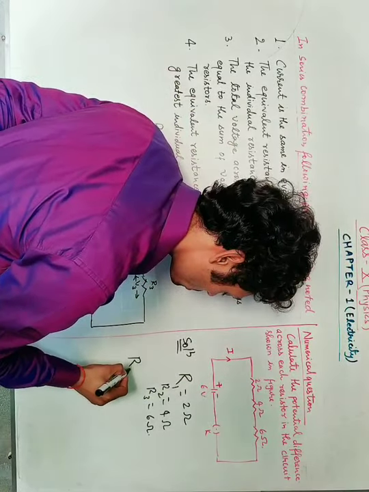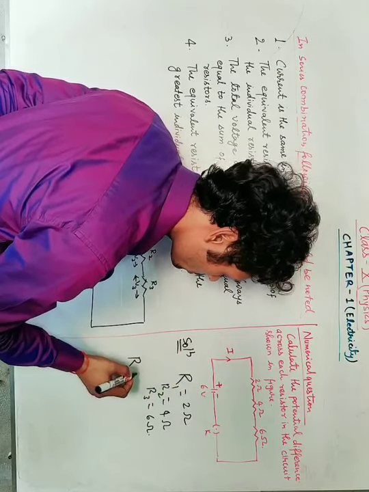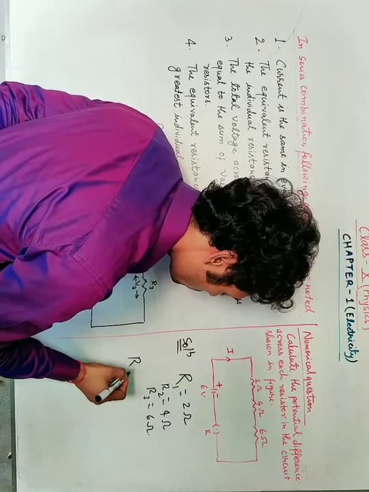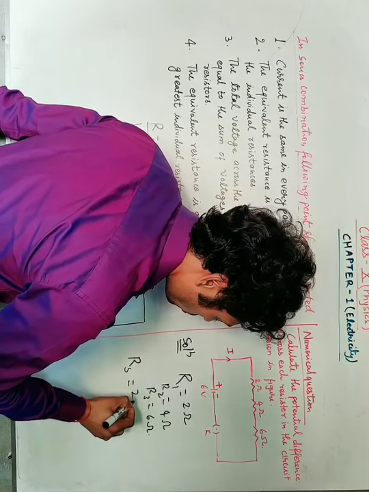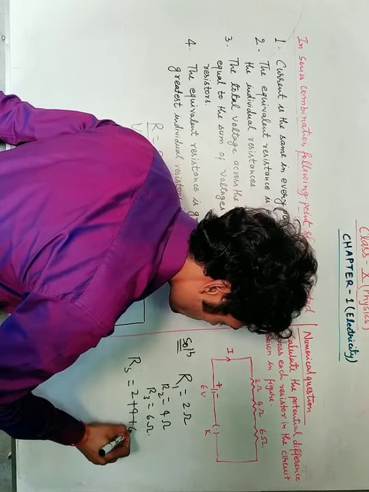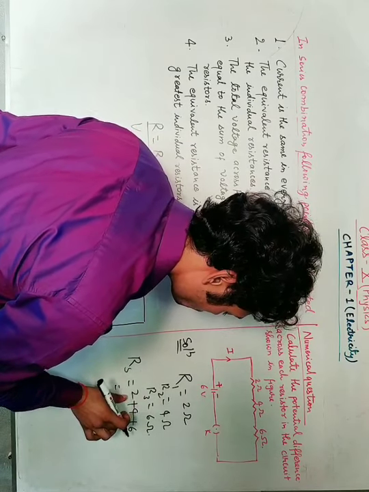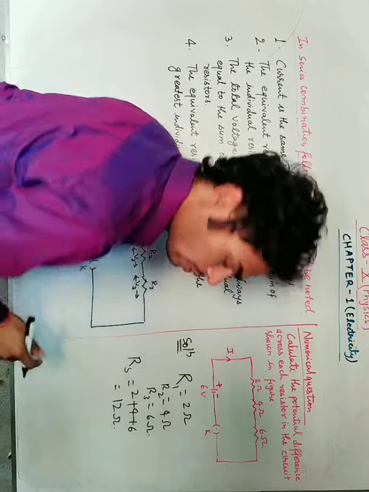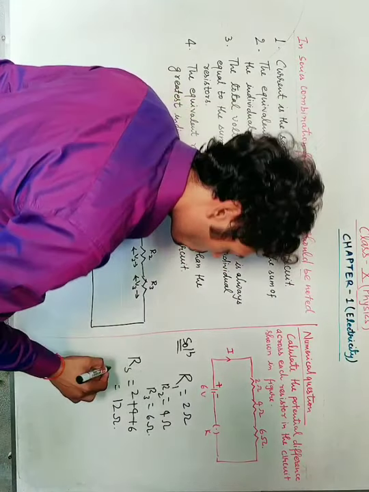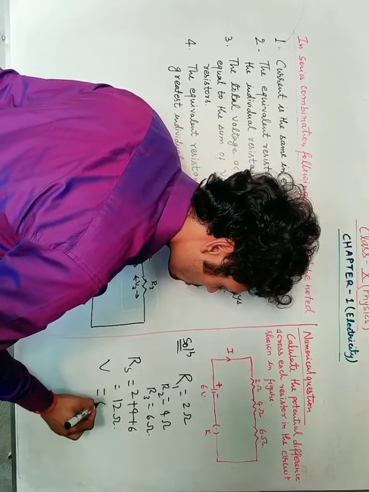So the equivalent resistance of this series circuit is R equals 2 plus 4 plus 6, which becomes 12 ohm. And the potential difference is given as V equals 6 volt.